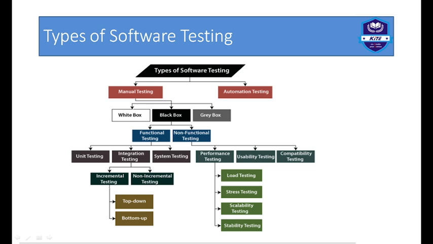In incremental testing, we have top-down and bottom-up approaches. In non-functional testing, we discussed performance, usability, and compatibility testing. Under performance testing, we have load, stress, stability, and scalability testing. So we have discussed up to performance testing.